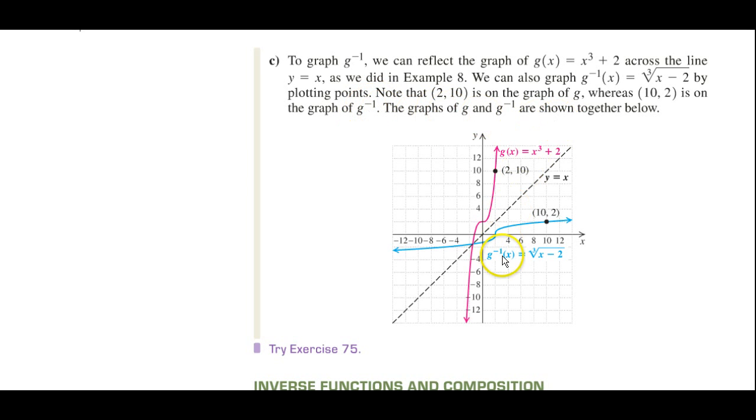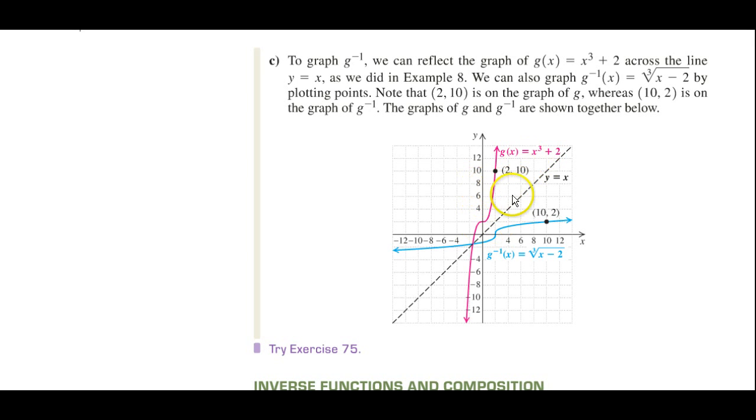And here they are shown together. So you'd have to study this, and I'm not sure. I think what I'm going to ask is that you are able to recognize that this type of curve is a cubic function.